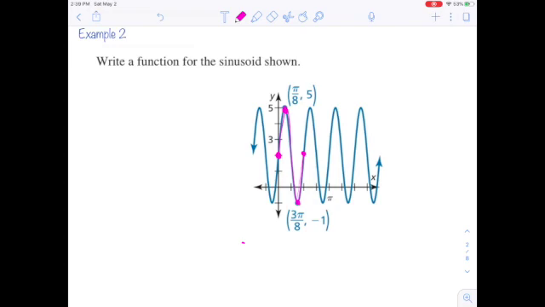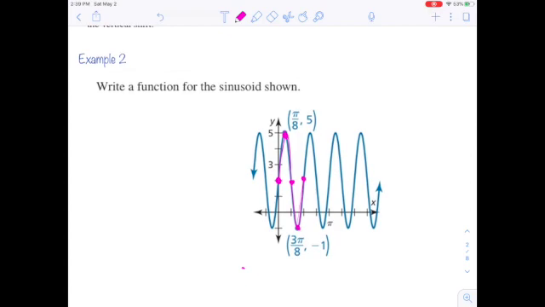All right, so I found my 5 key points here. If your function starts in the middle and goes like this, we know it's sine, or you can write it easiest as sine. If it starts high, goes low, and loops up, you've got a cosine situation.